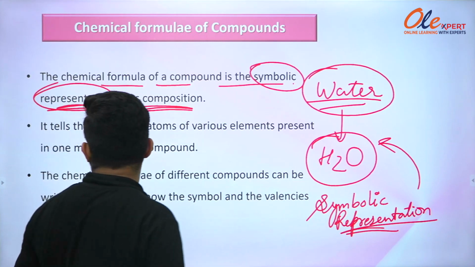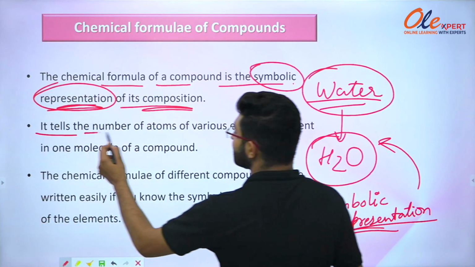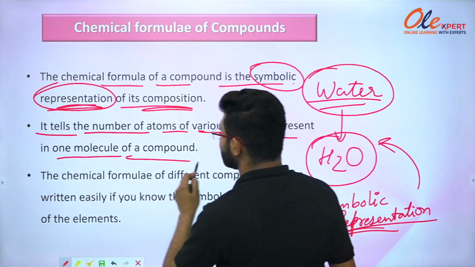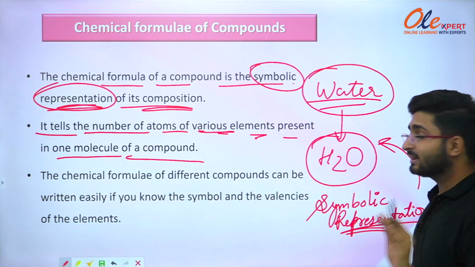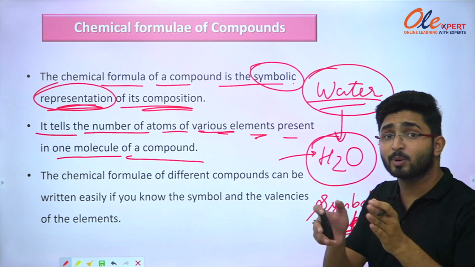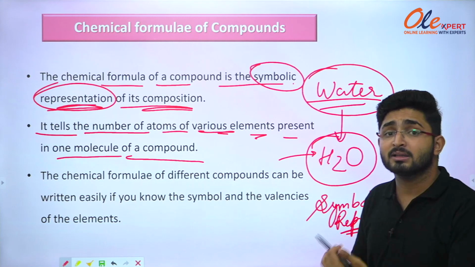The next point you can see here is that it tells the number of atoms of various elements present in one molecule of a compound. So you can clearly see that the chemical formula tells us the number of atoms of particular elements combined in the molecule.